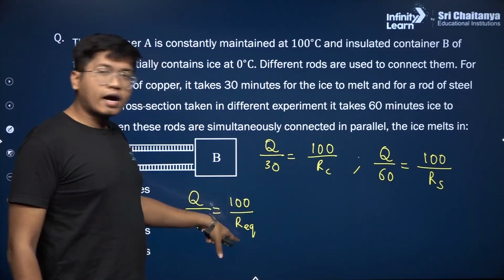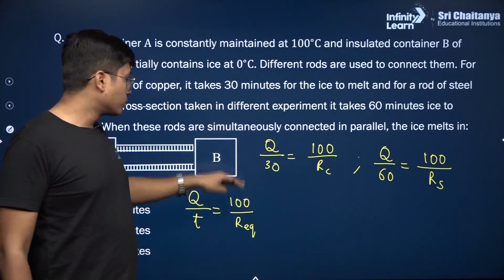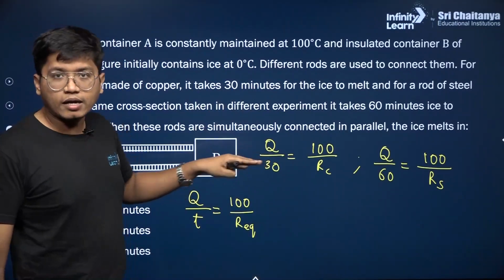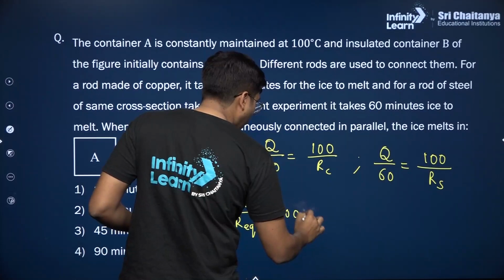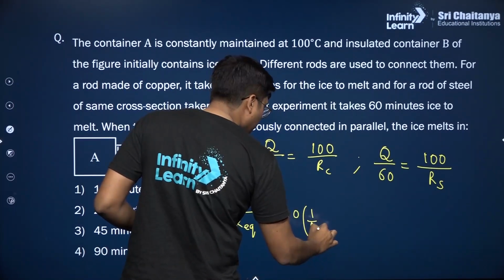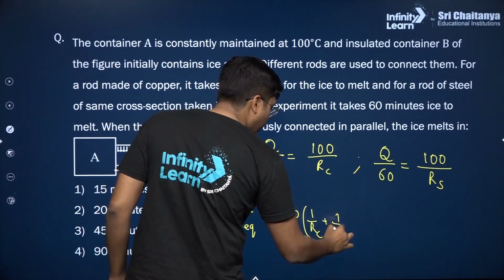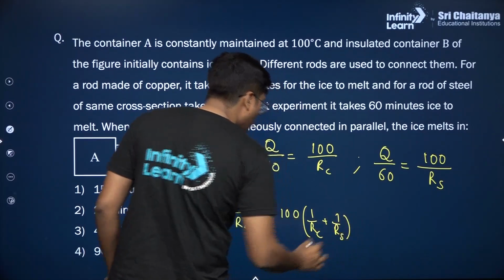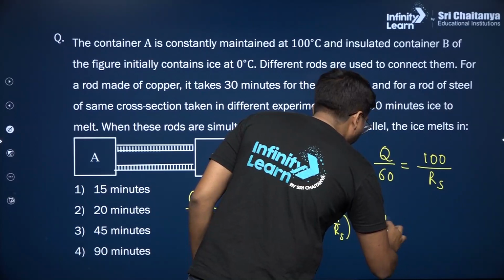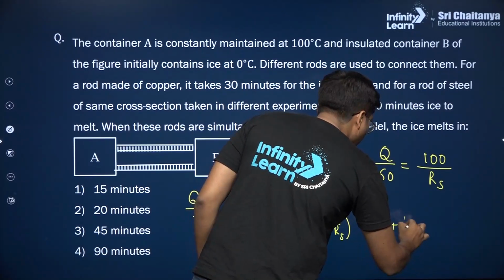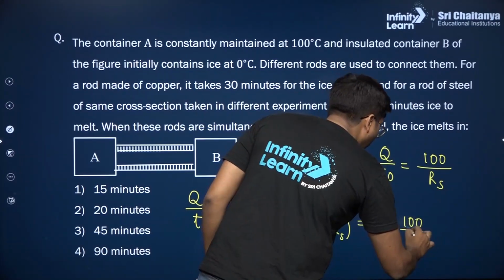So 1 by R equivalent is 1 by Rc plus 1 by Rs. So you can write it in that form, 100 into 1 by Rc plus 1 by Rs, which if you expand this is just 100 by Rc plus 100 by Rs.